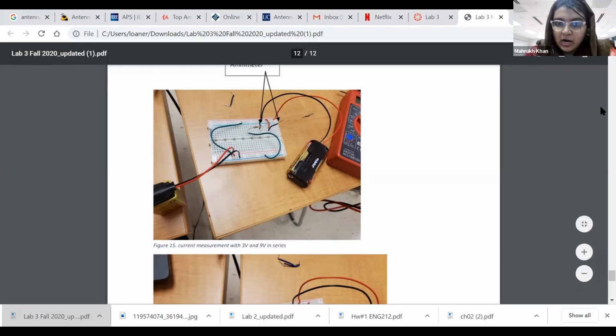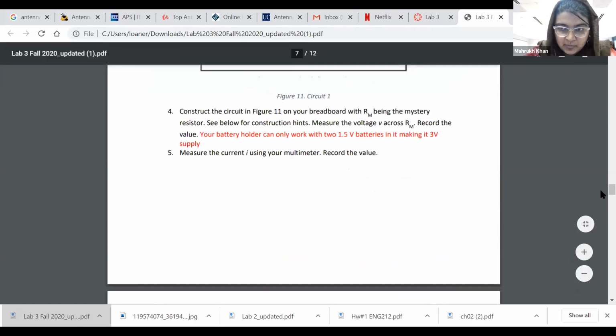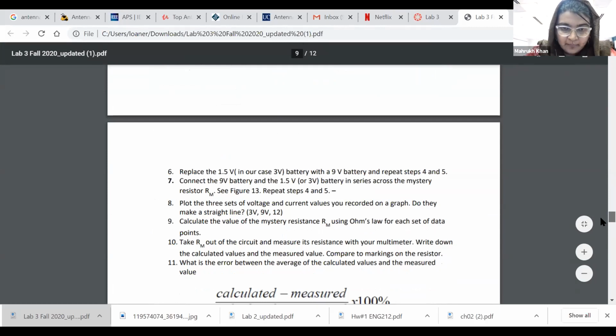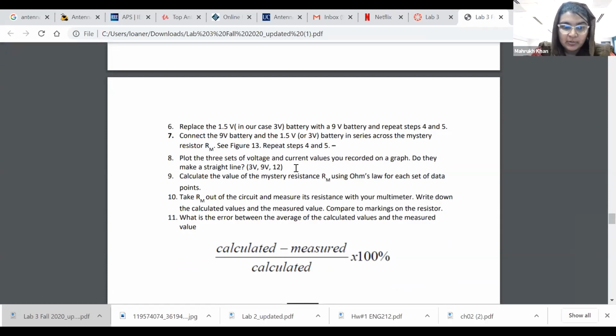Okay, so we are done with this circuit part. I showed you the things, but you need to fill up the tables. I said try 3 volt, 9 volt, and 12 volt, and 3 sets of voltages and current, get them and put them in the values. Those who don't have 9 volts can just do 3 volts.